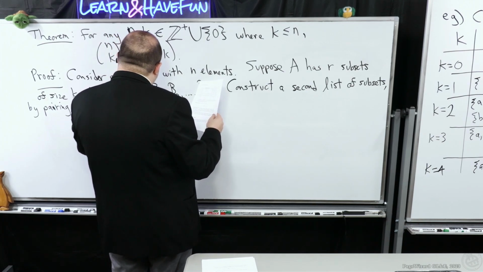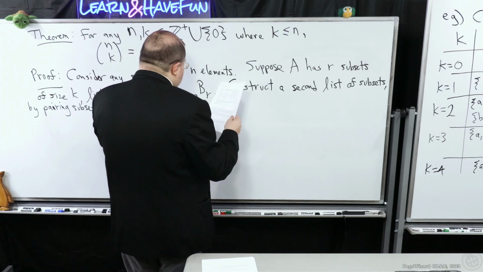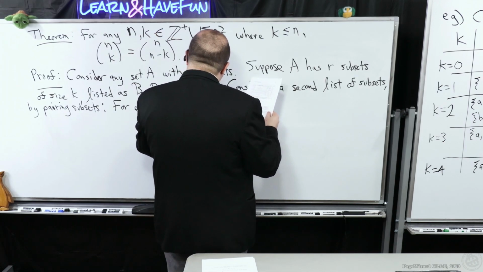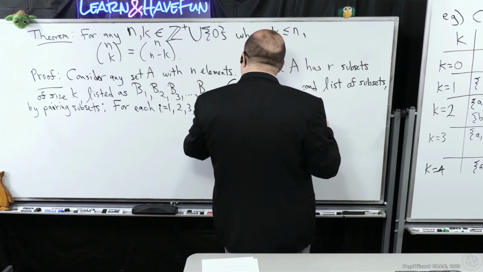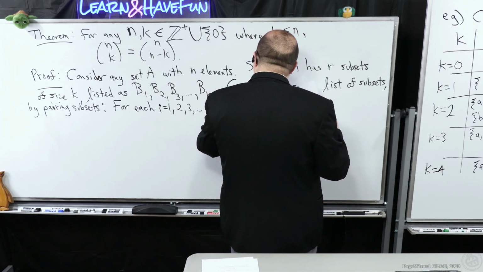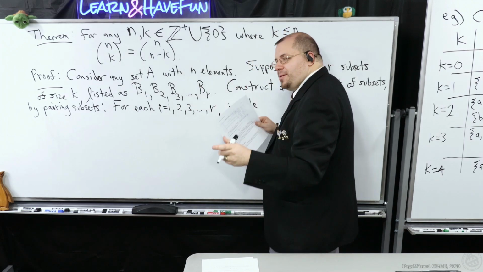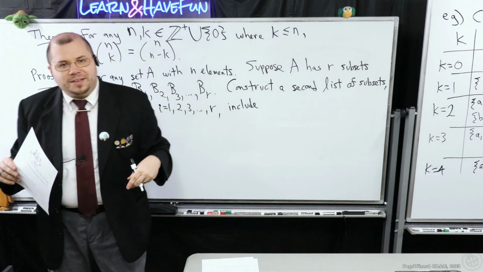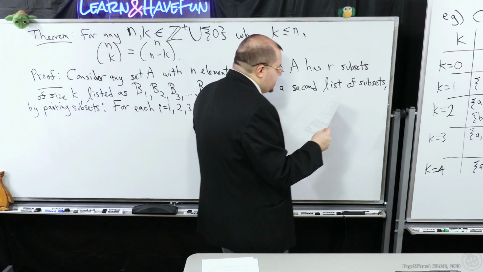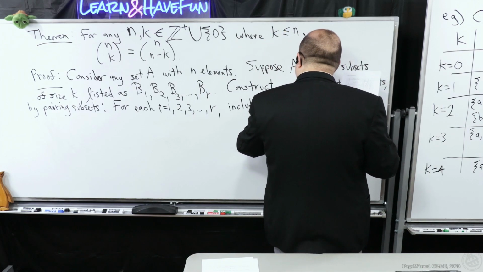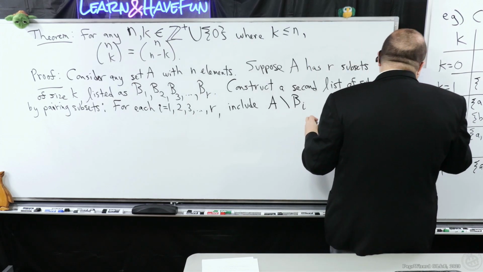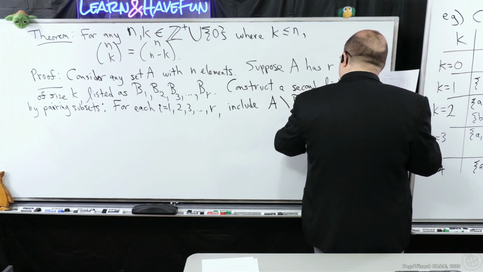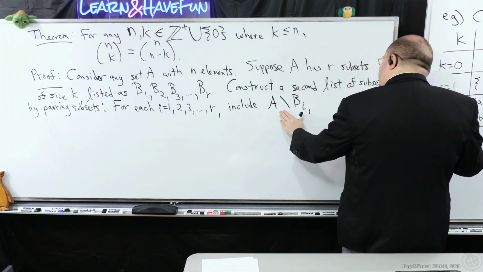For each i equal to 1, 2, 3, all the way up to R, we're going to take A and remove whatever was in that subset. So watch this: include A set minus Bi. Just to clarify, this is a set difference.